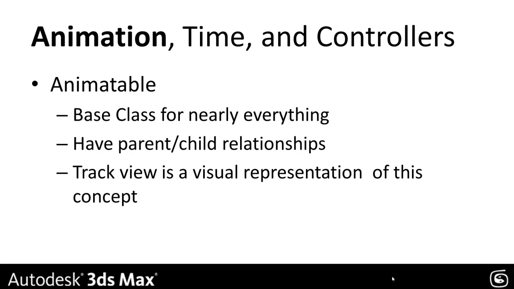And then finally, I'd like to talk about animation time and controllers. The base class for nearly everything is Animatable, and this gives you the base parent-child relationships using the reference system. The track view is a visual representation of that concept. Okay, so anything that's an Animatable can come into the track view.